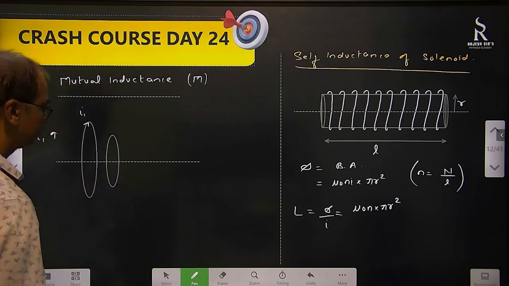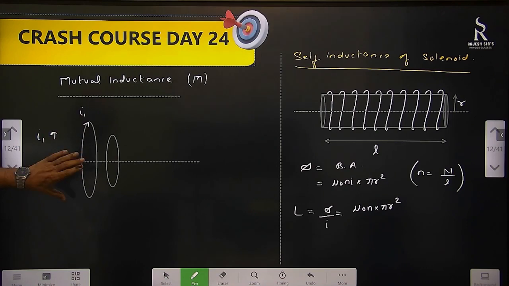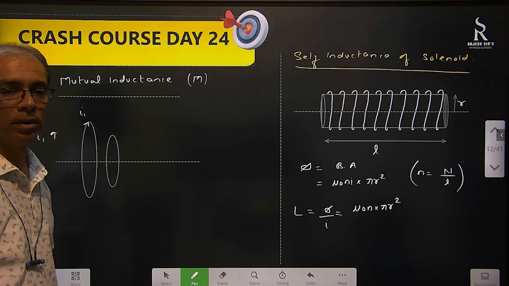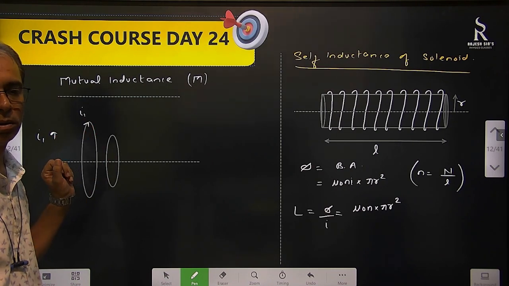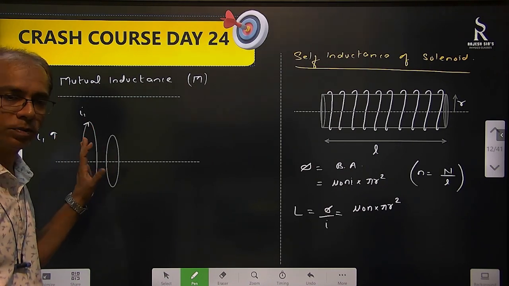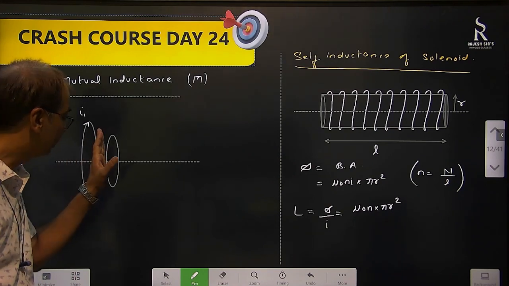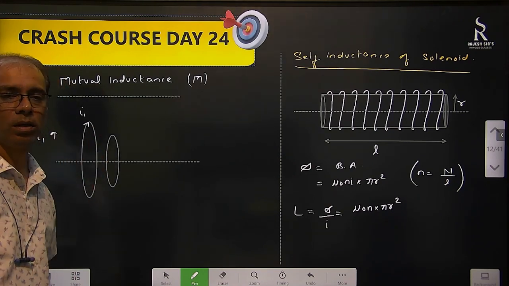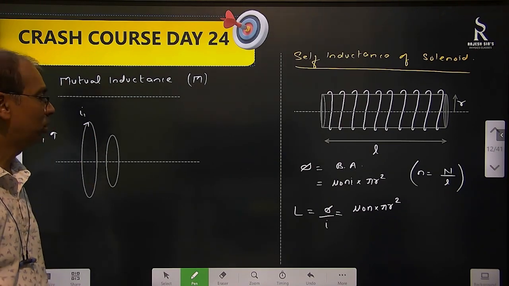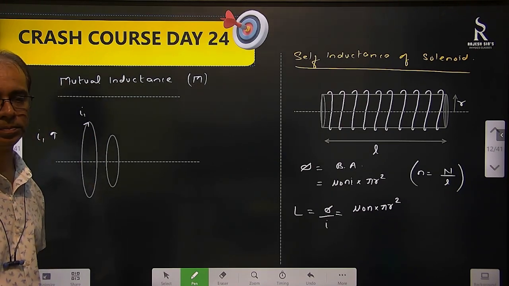So magnetic field produced by this coil is also passing through this coil. So what will happen? If you change this current, magnetic field through this is changing, which will produce self-inductance, we know. But that magnetic field is also changing through this coil. So because of this, in this also EMF is induced, and that's for mutual inductance.